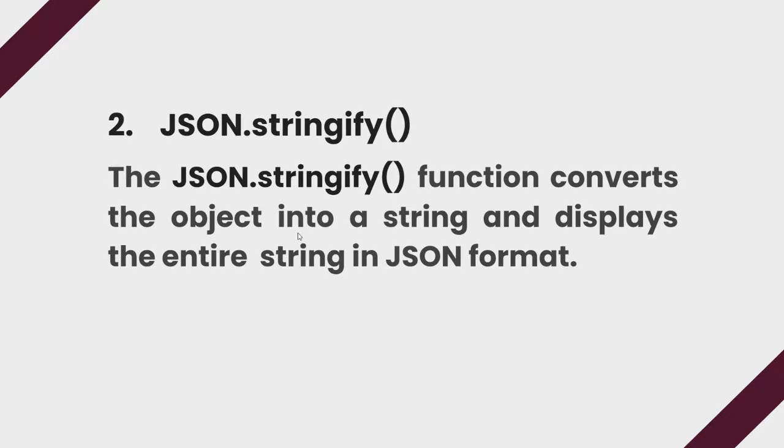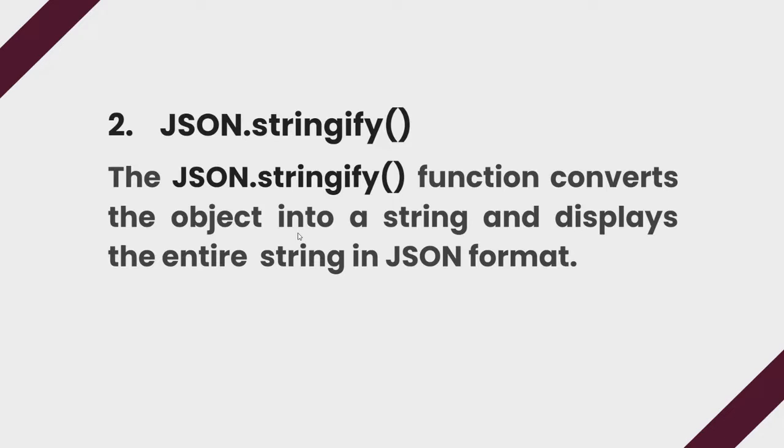Next, we have the JSON.stringify. Now, this JSON.stringify is actually a function, and this function converts the object into a string. After this conversion, it's going to display the entire string in JSON format. So what this means is that the key value pairs within the object become a string automatically. So we already know that initially you can have your values to be a string or number or whatever you want.